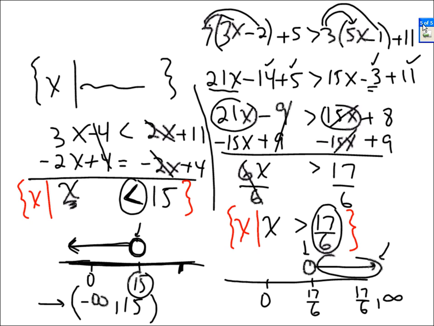It goes to infinity. Never include infinity. And in our problem, since it says greater than, but not greater than or equal, we do not include the 17 over 6. So those are the 4 answers, or the 4 ways. There's only one answer. These are the 4 ways of representing that one single answer.